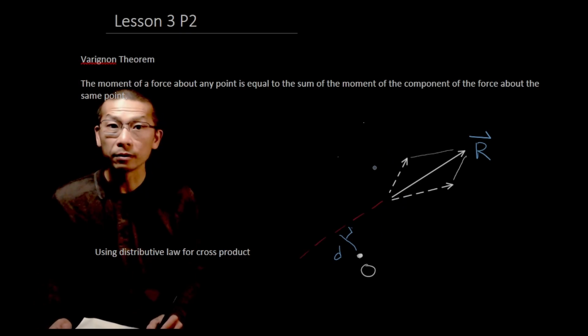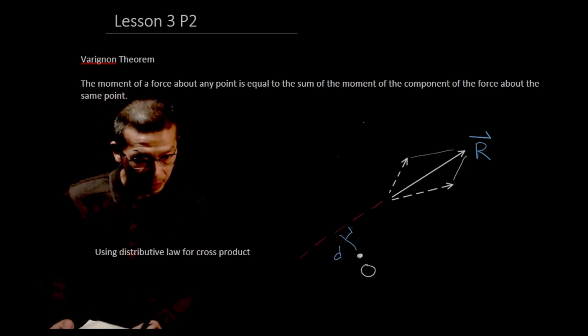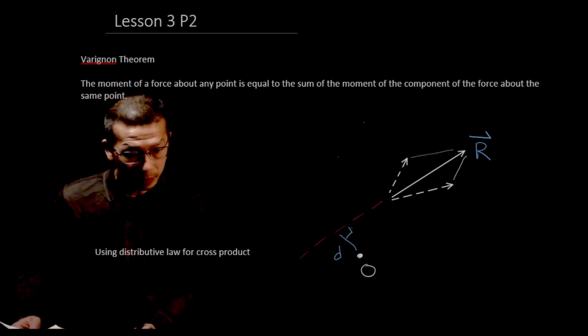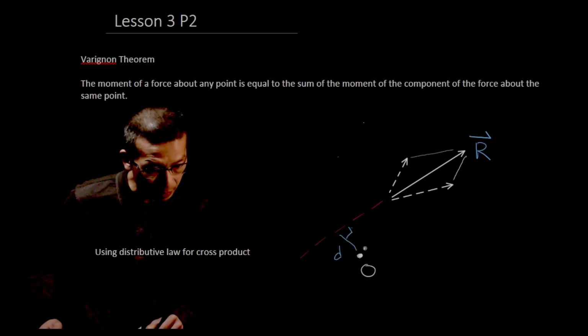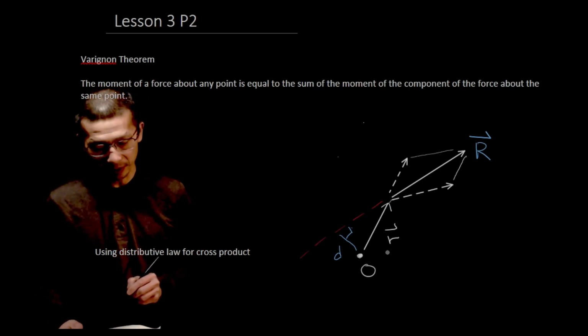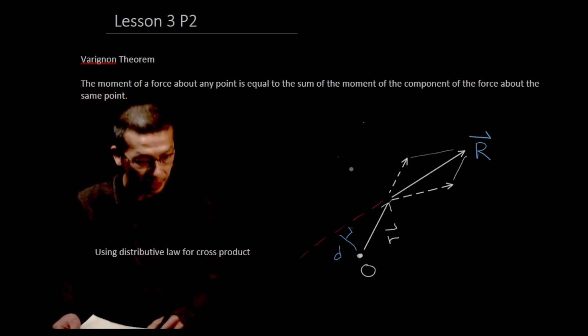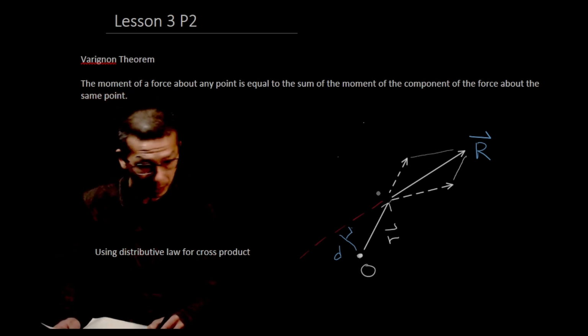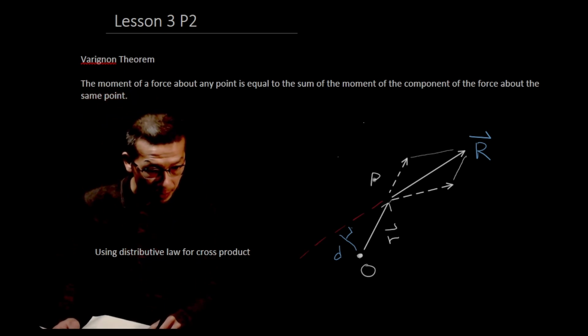And the position vector R, I will use this color, position vector R, from point O to where the force is applied, which I have here, point B.